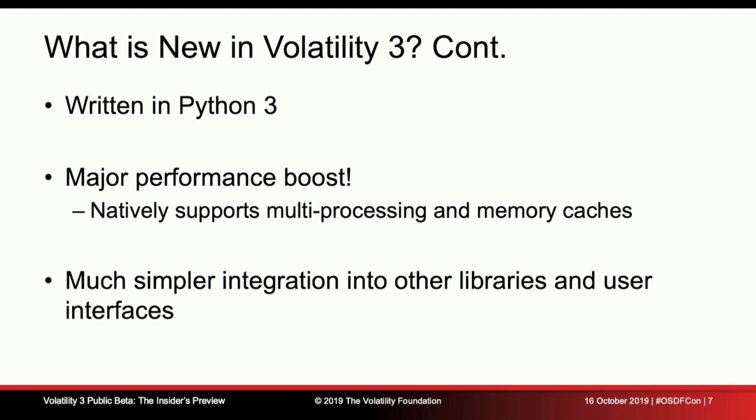So the first big thing is that it's been written in Python 3. This kind of had to happen. It was the initial starting point for Volatility 3. But some of the other nice things that we've been able to add are massive speed boosts, because Volatility 2 was originally designed with the probably misguided concept of working directly with live memory through FireWire or some other kind of PCIe device or something else.